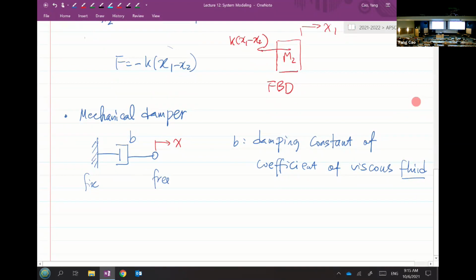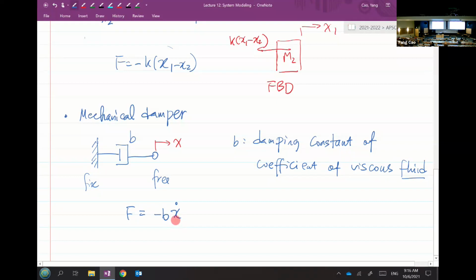So if you stretch this damper, then what you feel is a force trying to pull you back, a little bit like a spring, basically. But this time the force exerted from the damper is proportional to x dot, not to x anymore. Like the spring, it's proportional to x. But this time it's proportional to x dot, which is the velocity, basically.